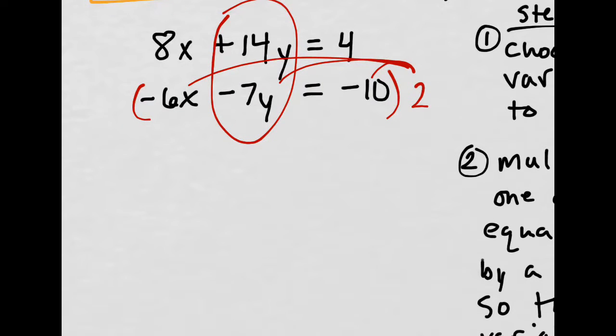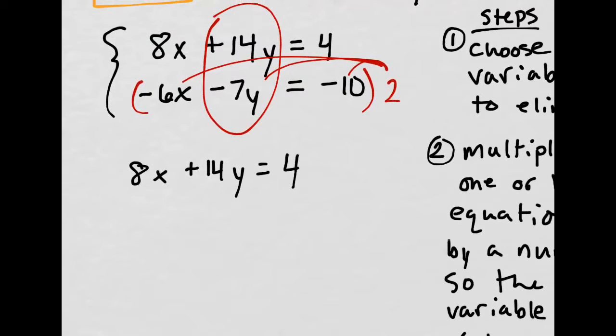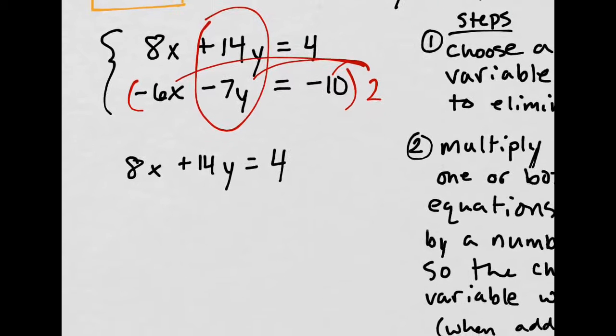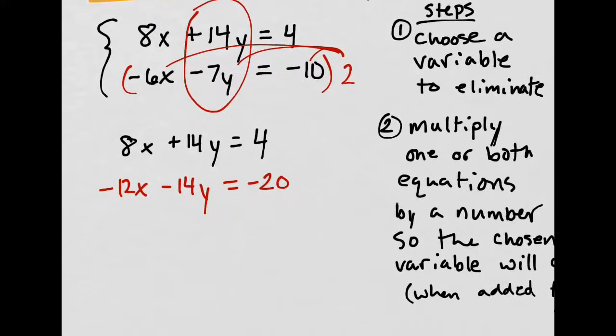So I'll rewrite my equations. I rewrote the first equation, just copied it down. The second equation, I'm distributing a 2, so it becomes negative 12x minus 14y, and then minus 20. You have to multiply to all three. But here's the idea, look at that. When I add 14y to negative 14y, they cancel out.